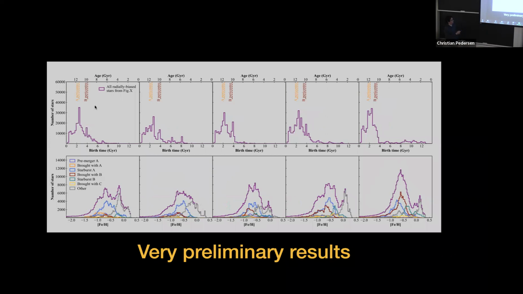In the case of the lowest mass ratio, this is the population that dominates the total very much, whereas as you go towards the right, you get this red population that is brought with the merger, the accreted population, that starts dominating. So what you're really seeing is that the radial population always exists, but there's a shift in its nature across the different scenarios, which I think is very exciting and might help not really directly interpret the Milky Way data, but rather contextualize it from this cosmological experiment.